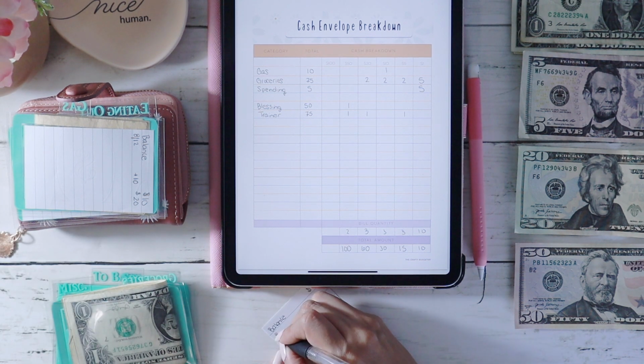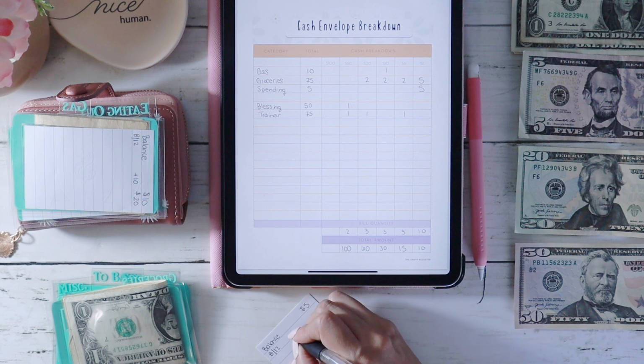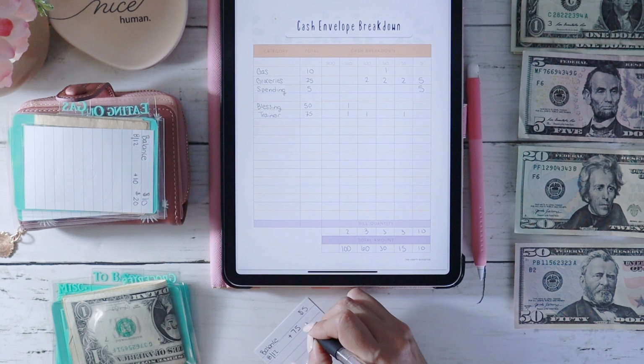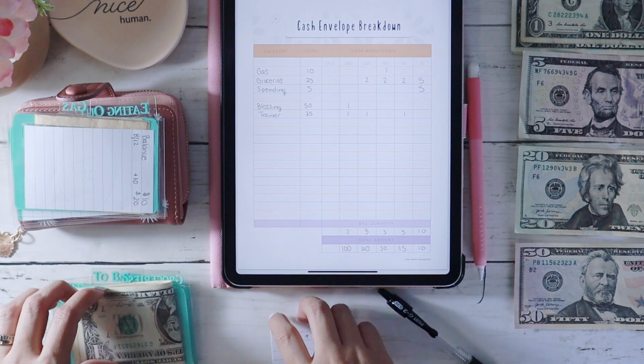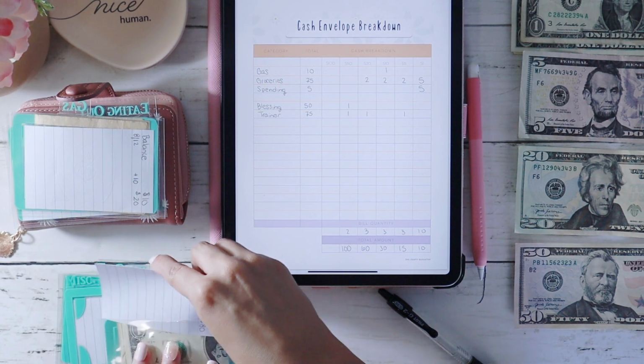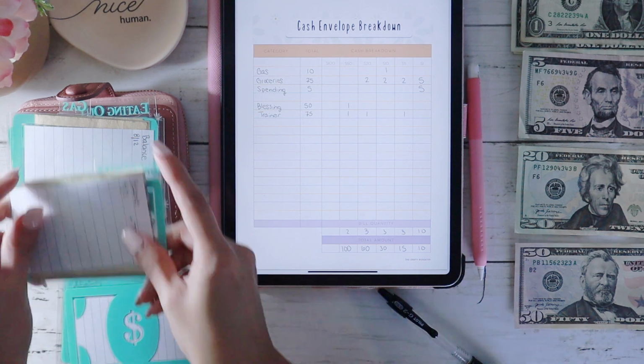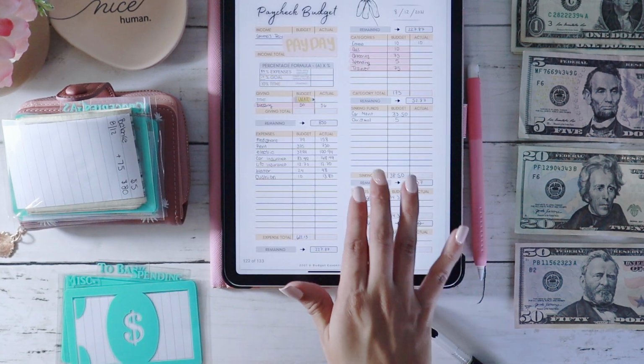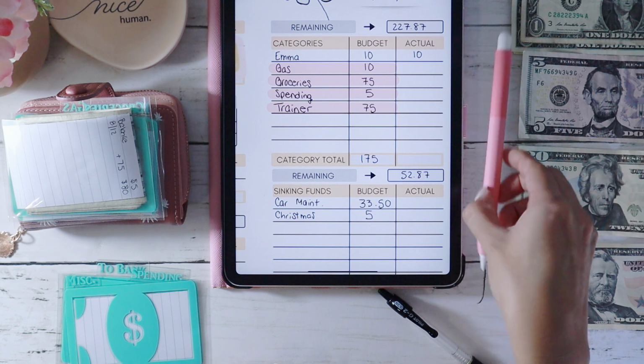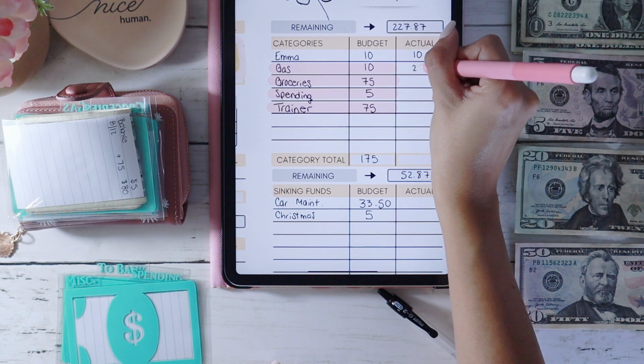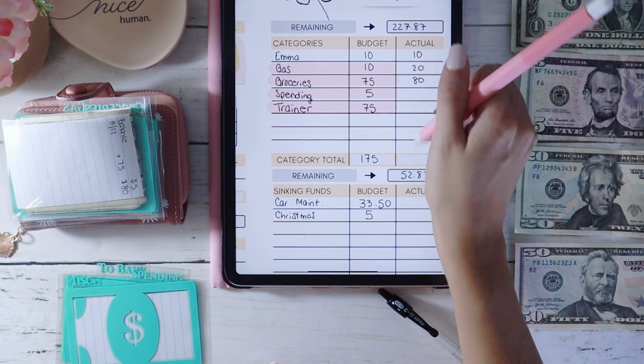So we're adding 75. So this gives us $80. So $20 we have in gas and $80 we have in groceries.